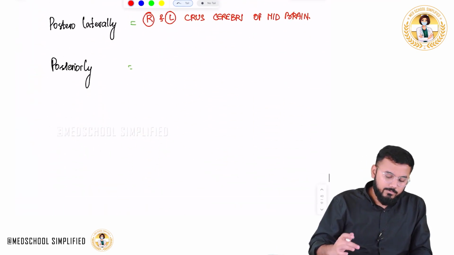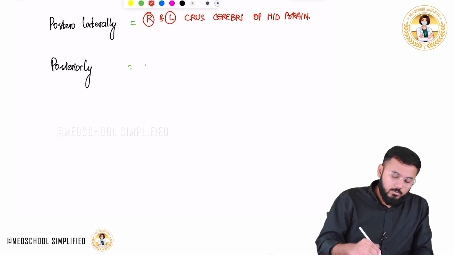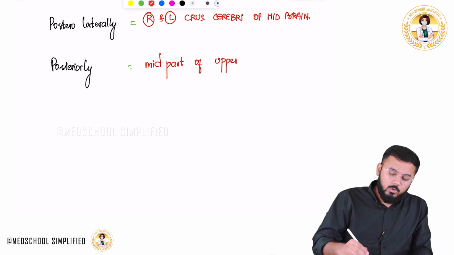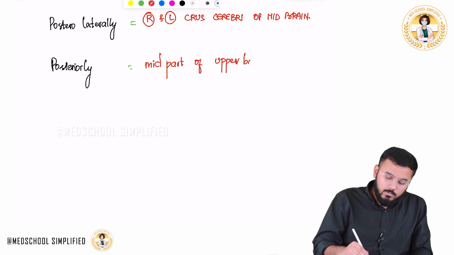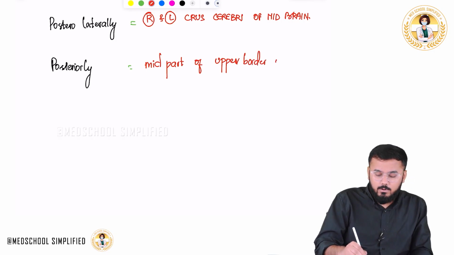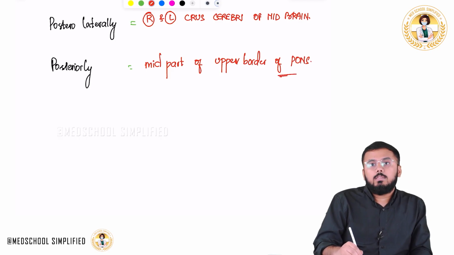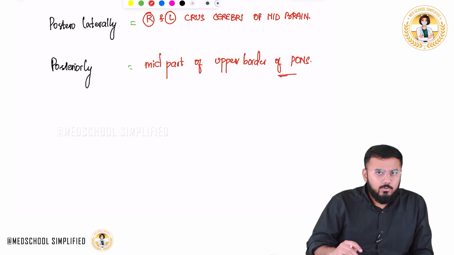Posteriorly I have got the midpoint of the superior surface of the pons. So posteriorly I have got the mid part of the upper border of pons.